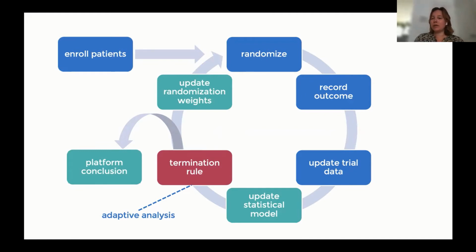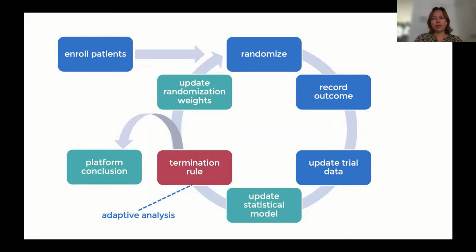The patients are randomized, you record their outcome, and you update the trial data, just as you do with a regular RCT. But here it becomes different, because in an adaptive platform trial, you then update the statistical model and see if the data you've collected so far reach a pre-specified termination rule. To assess that, you do frequent adaptive analyses.